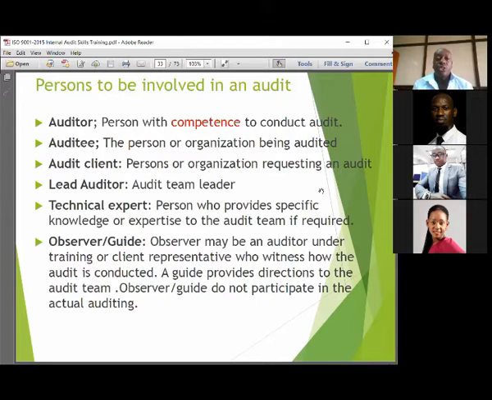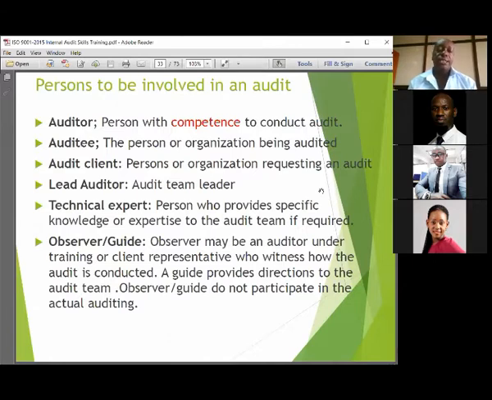So if you have to go and audit underwriting, and you are auditing the underwriting manager, that kind of scenario, the underwriting manager will be the auditee. When the external auditors come to audit us for certification purposes, we will be the auditee, and they will be the auditor. Audit client, person or organization requesting an audit.